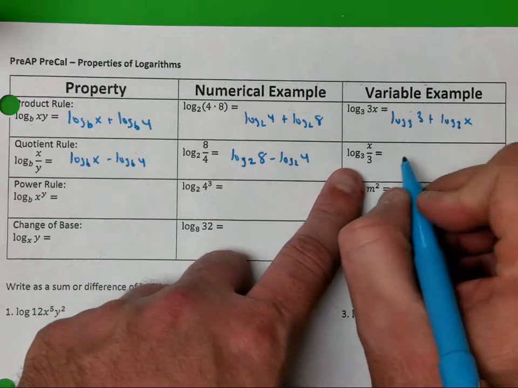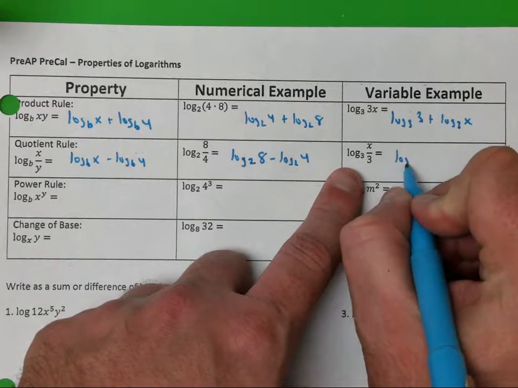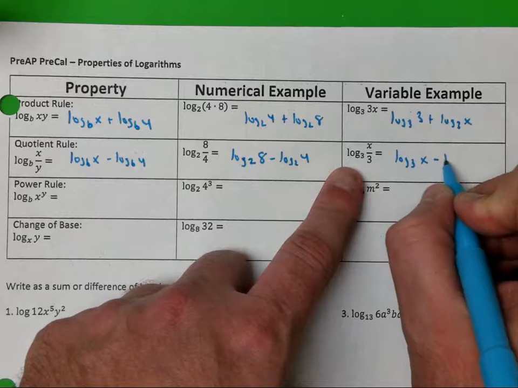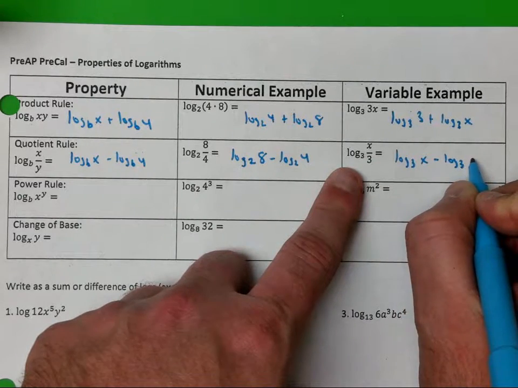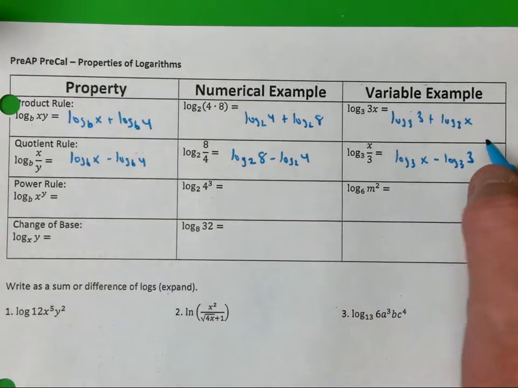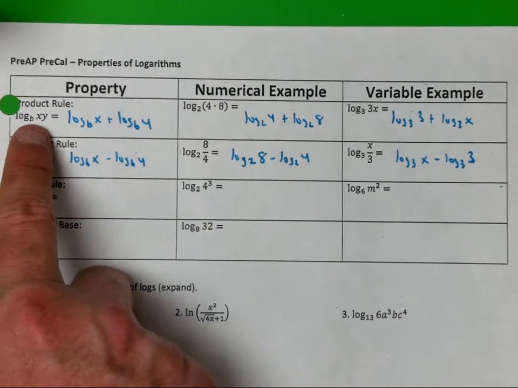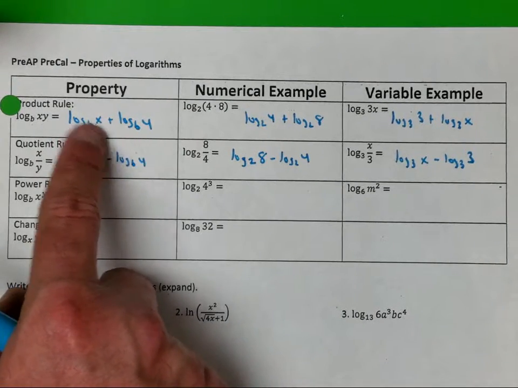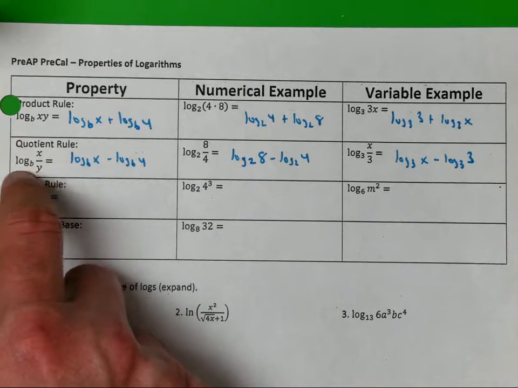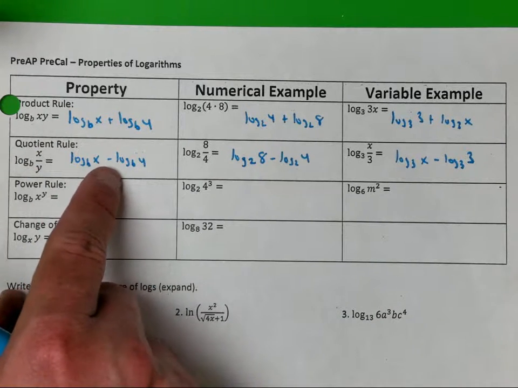Here, I can rewrite this one as log base 3 of x minus log base 3 of 3. So basically the product rule says if 2 things are multiplied, you can rewrite it as a sum. If it's written as a quotient, you can rewrite it as a subtraction.